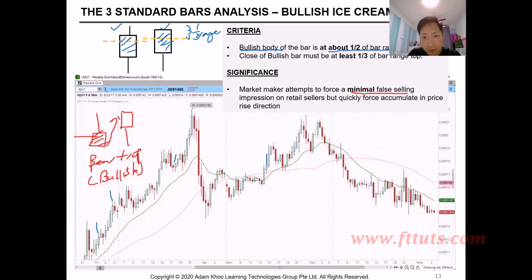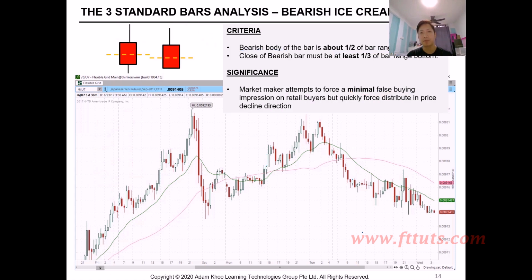Okay, this is the one. This is the one. This is well half body. So these are some of the examples of bullish ice cream bar that I hope you have identified.